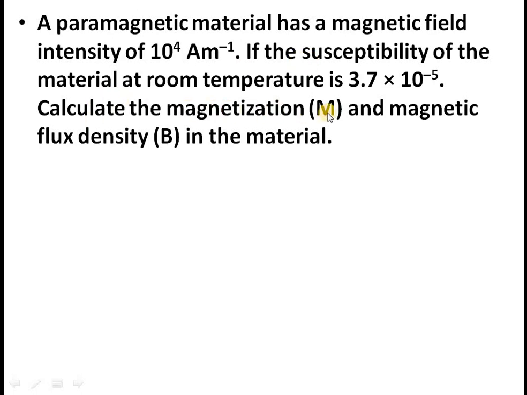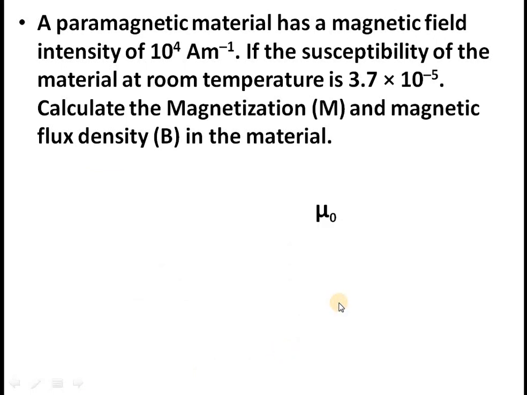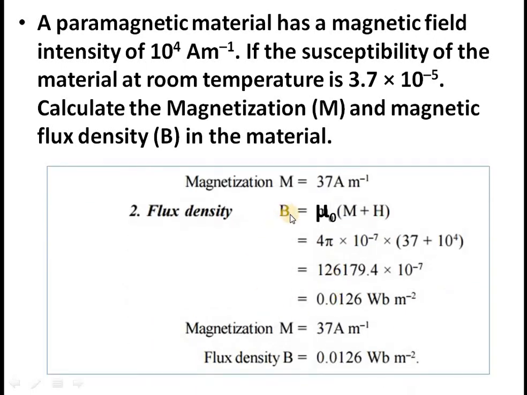Calculate the magnetization M and the magnetic flux density B inside the material. A very simple problem. H is given and chi is given, so we can find magnetization M by a very simple procedure. Once you get the magnetization, you can get B. That is the second question.